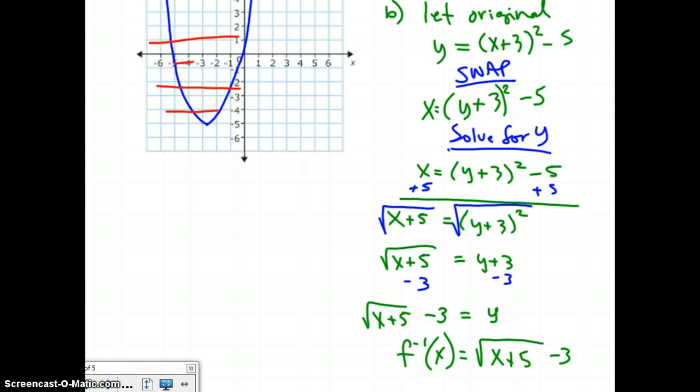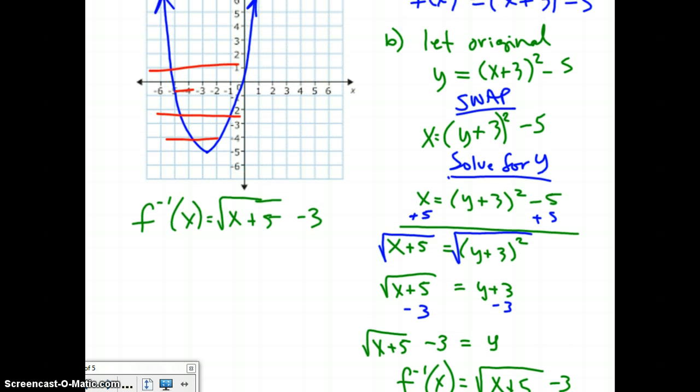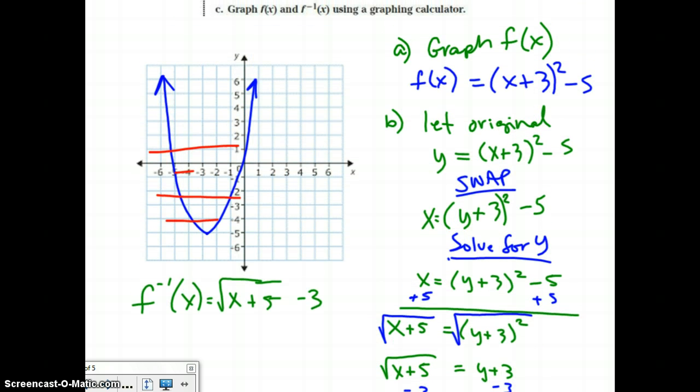So I'm going to graph our inverse. And we'll take a look at that one.